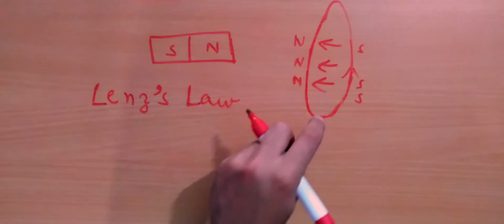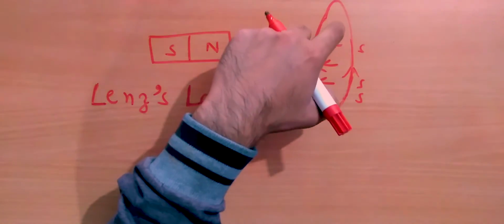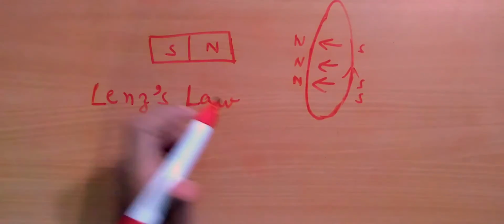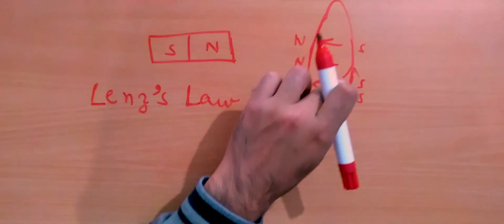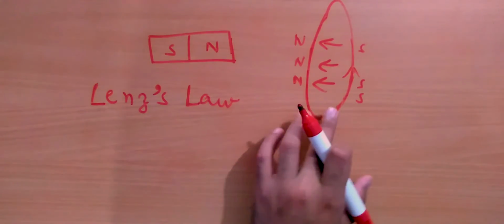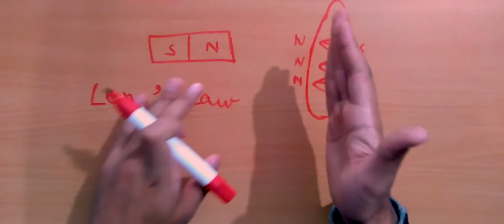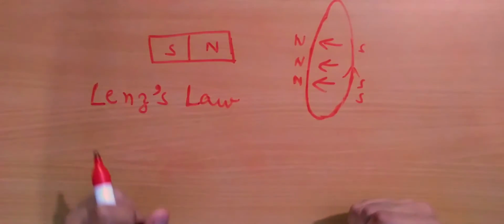flux. So if the magnetic flux is increasing, for example, when I was pushing it in this direction, the magnetic flux through the coil was increasing. So now the current has been generated in such a direction, in an anti-clockwise direction, such that the magnetic field of this loop is trying to oppose the change in flux or trying to stop this magnet here.